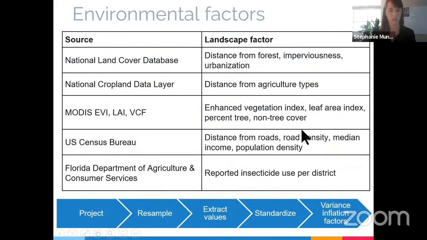To represent all of these factors, I imported data sets from a range of sources, including land cover, cropland, different vegetation indices, and different human population characteristics, as well as the reported insecticide use by each district across the state. All of these spatial data were projected and resampled, and then I standardized the extracted values and removed redundant variables using variance inflation factors.